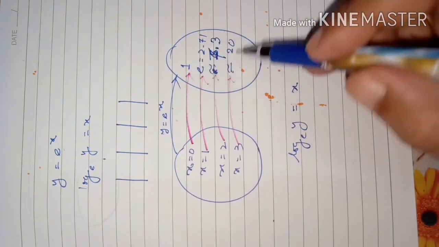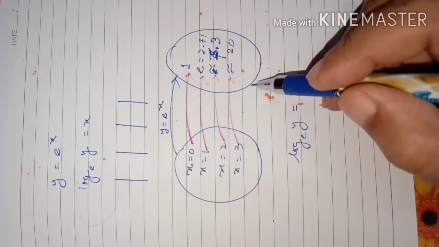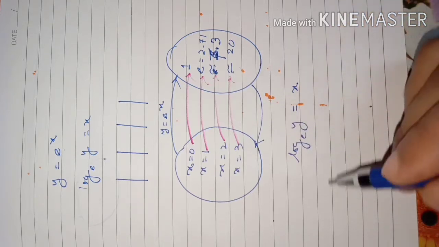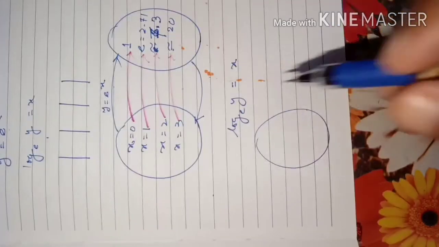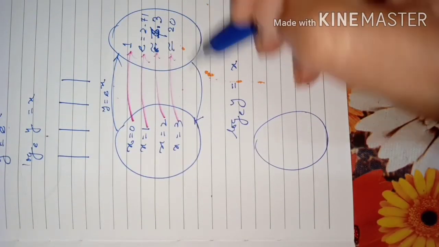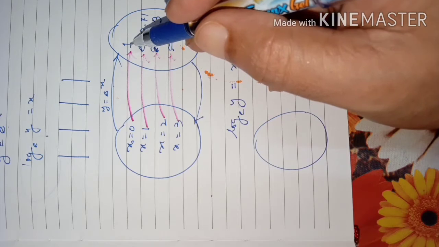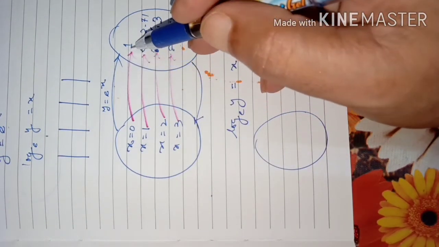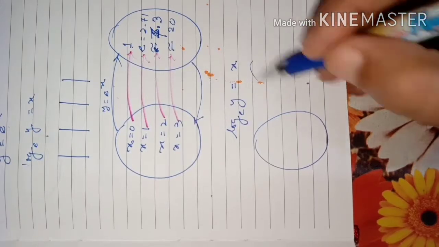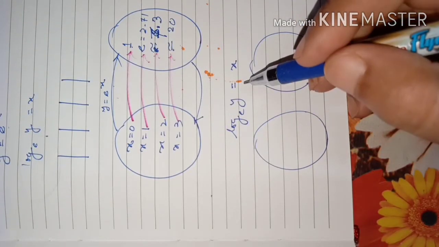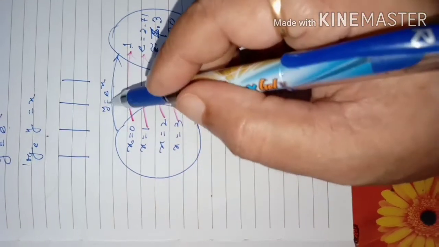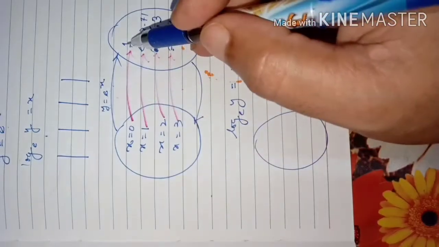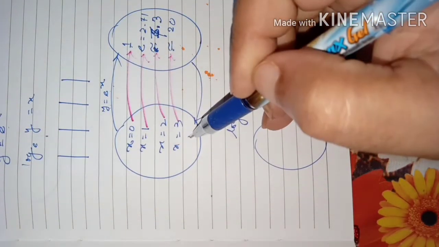If we take these values and define a function from this to this, we are talking about the inverse function. Inverse function means these values are connected to these values by this rule.